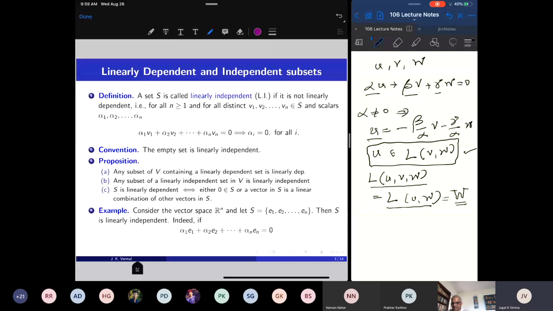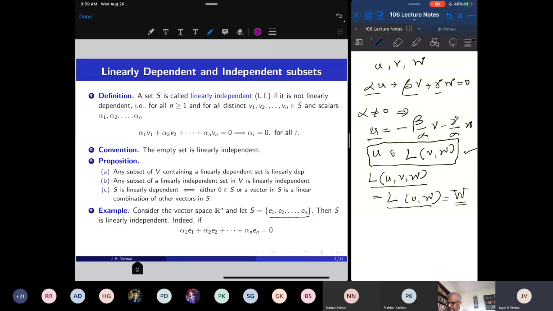Now let's consider the vector space R^n. Then we know that if I take the standard basic column vectors, n of them, e1, e2, up to en, then S is linearly independent.